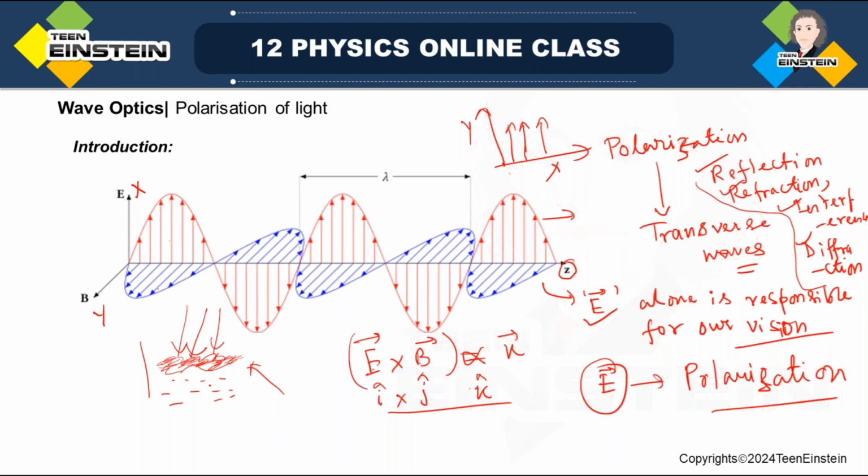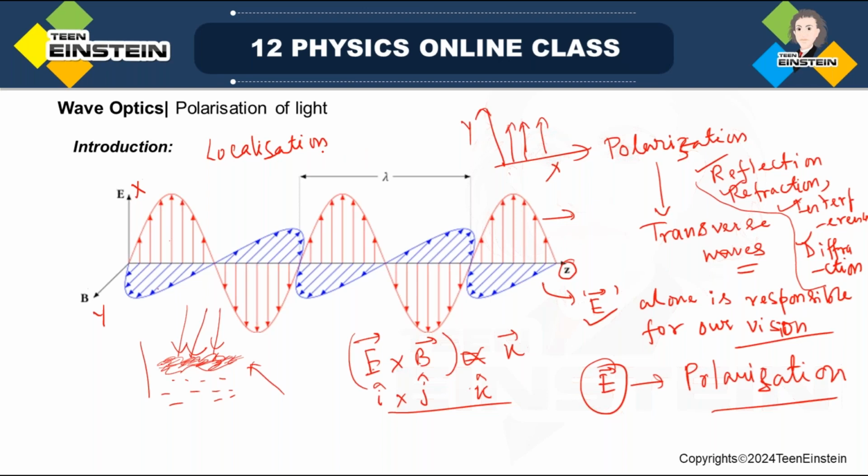This is actually polarization, because the light wave oscillates in a particular plane. The localization, or confinement, of the electric field vector in a particular plane is actually polarization.